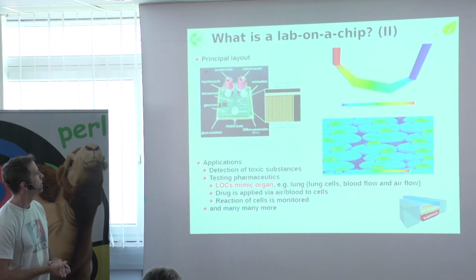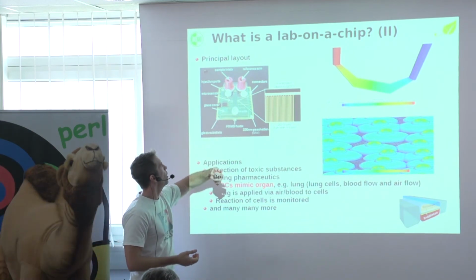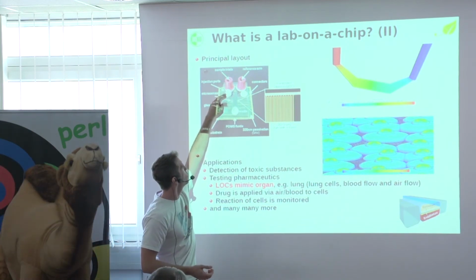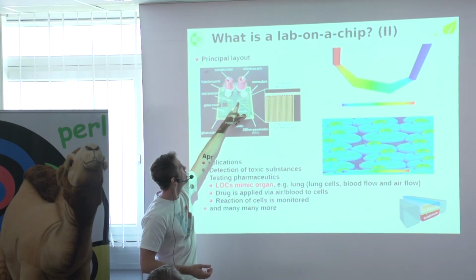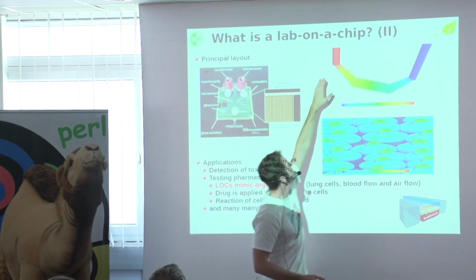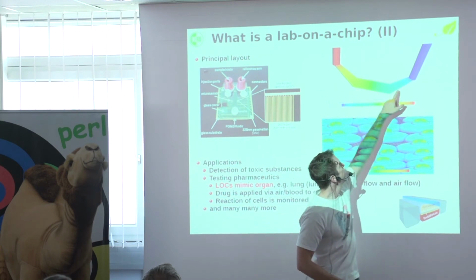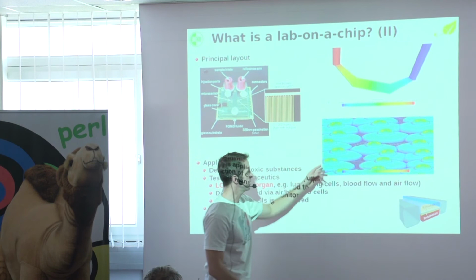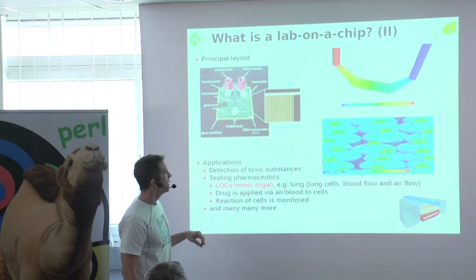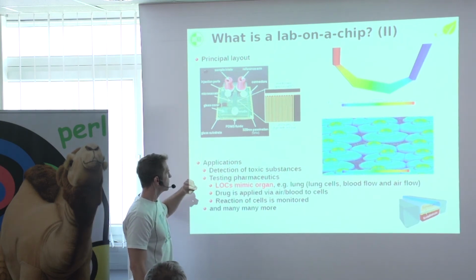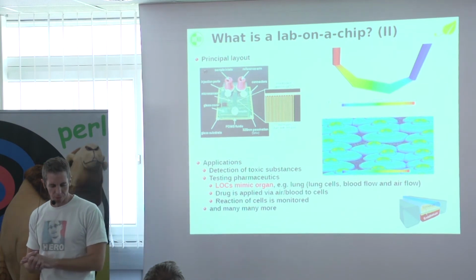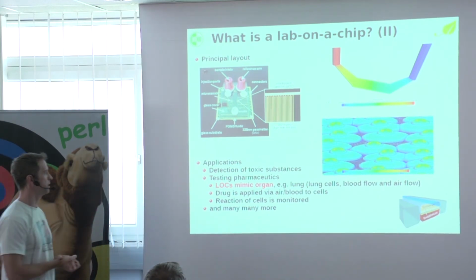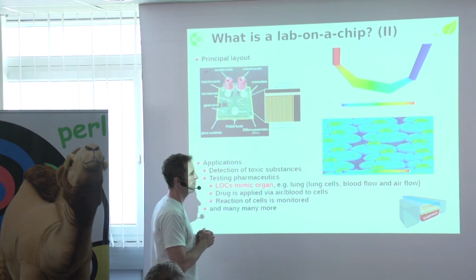So this is what it looks like in our lab. We have here the inlet and the outlet of our fluid. This is the little chamber. Here the fluid gets in, this is the chamber, fluid gets out, and in this chamber we have living cells that are attached to the surface, and here I did a little simulation of the shear stress. One of my favorite applications of those lab-on-a-chip systems is, for instance, the artificial lung.